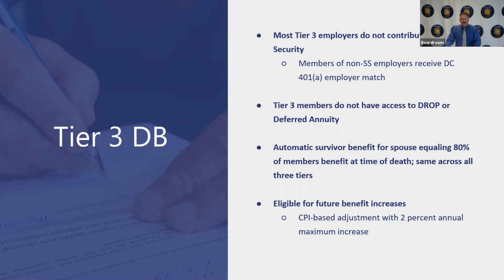The twist here is, as a retiree, I have to be married for at least 2 years as a retiree for my spouse to collect that automatic survivor benefit. And all of our benefit recipients across the plans are eligible for cost of living adjustments. So that base amount that you're looking at will grow over time through a cost of living.